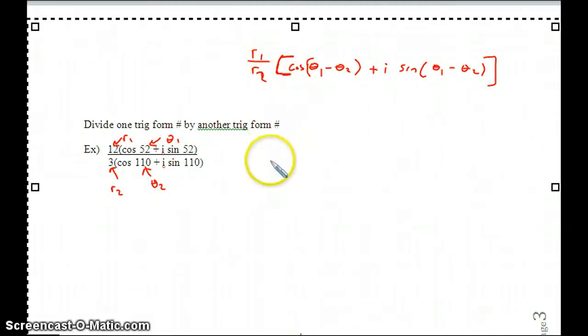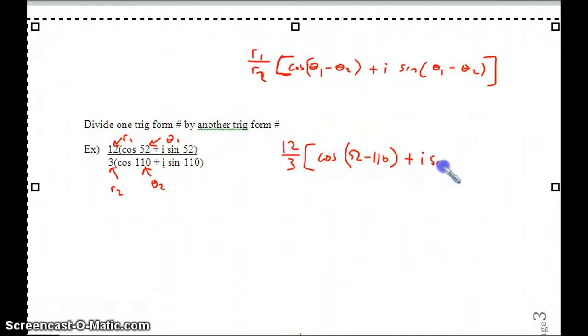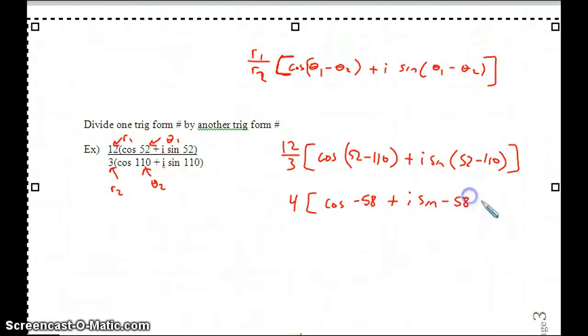So now just plugging it into this formula, we would get 12 divided by 3 times the cosine of 52 minus 110 plus I sine of 52 minus 110. So I know this is going to be 4 times the cosine of negative 58 degrees plus I sine of negative 58 degrees.